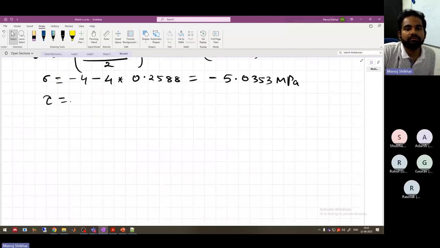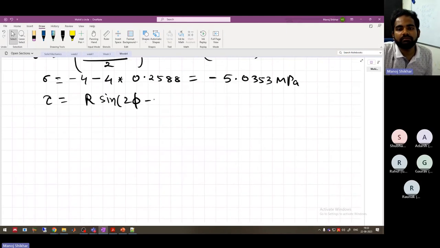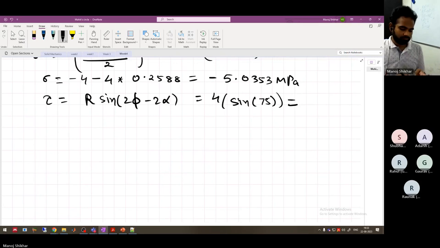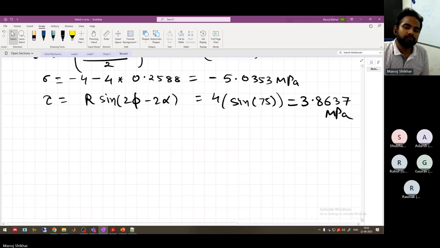And tau is R sine of 2 phi minus 2 alpha, so 4 into sine 75. So this is 3.8637 MPa. So question 1 and question 2 are done.